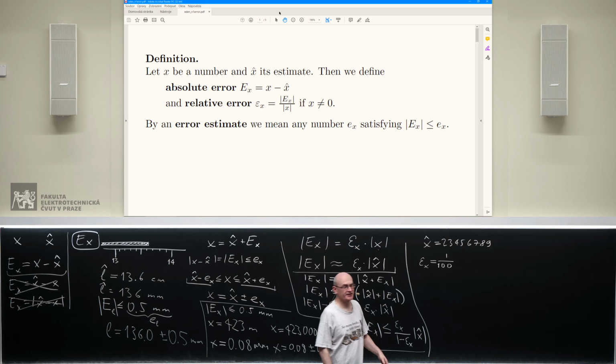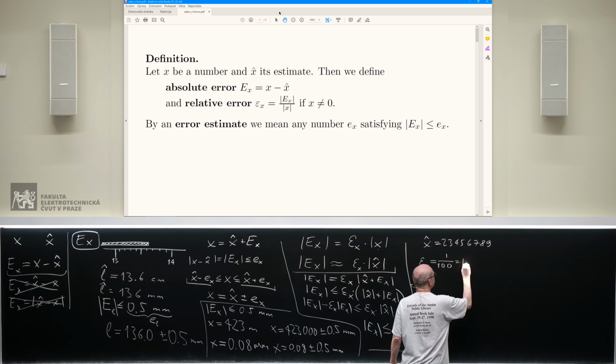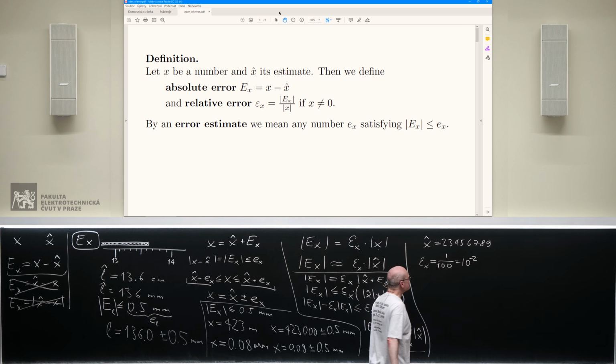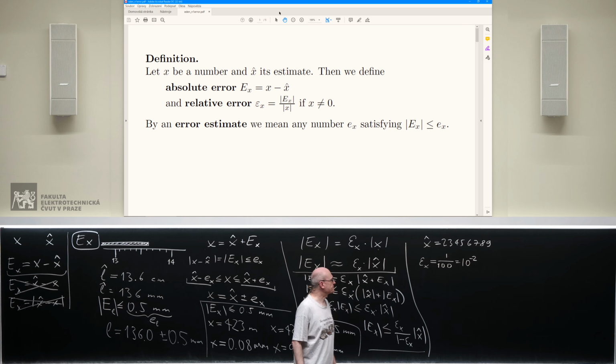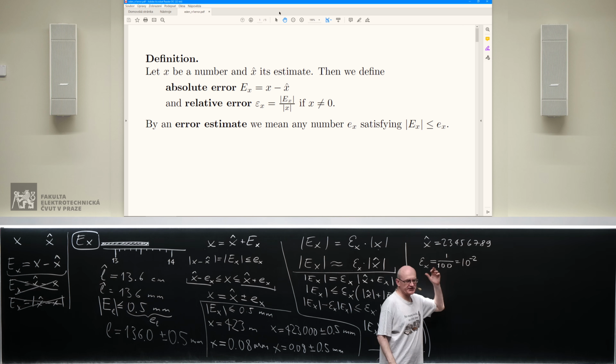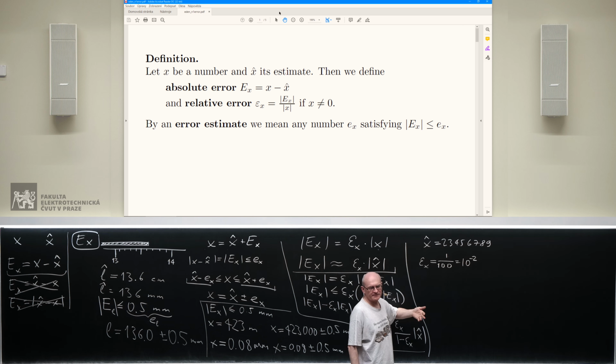Which is, by the way, 10 to the negative 2, which we, of course, know, but I think it's useful to see both pieces of information in the picture. So, what does it tell me about the precise value that I was after? What is the range for it? Well, let's have a look at it.